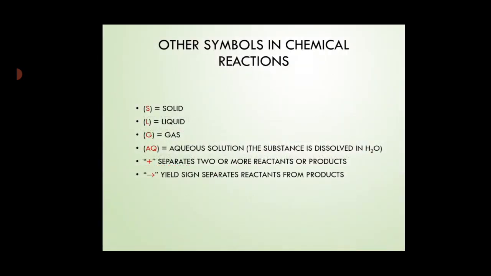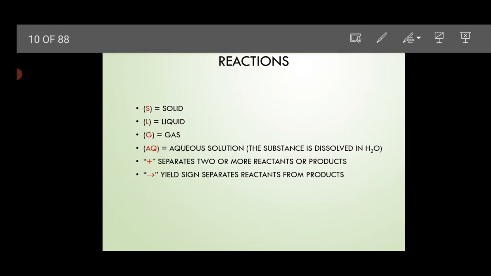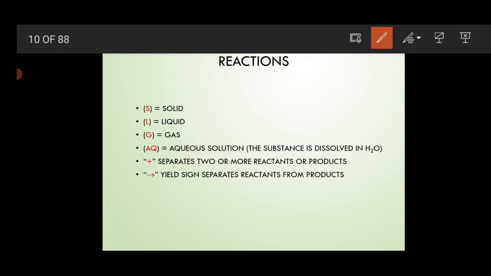Now some other symbols which we use in a chemical reaction are the states of matter. To make any chemical reaction more informative, we use symbols for solid, liquid, gas and aqueous. To differentiate between two or more reactants, we use a plus sign. Similarly, if two or more products are formed, we use a plus sign.